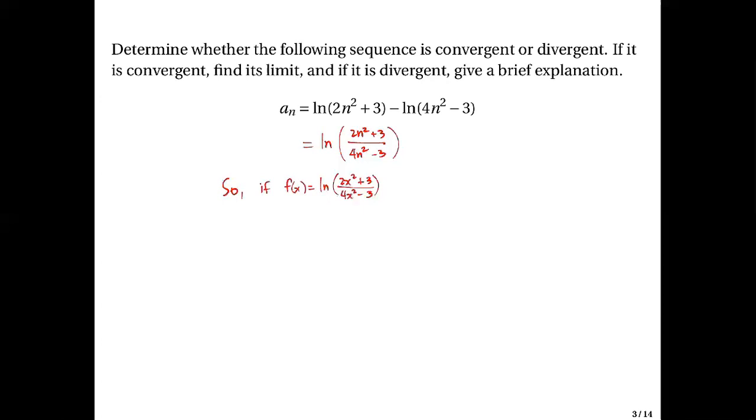Then the limit of f of x as x approaches infinity is equal to ln of the limit of (2x squared plus 3) over (4x squared minus 3) as x approaches infinity.